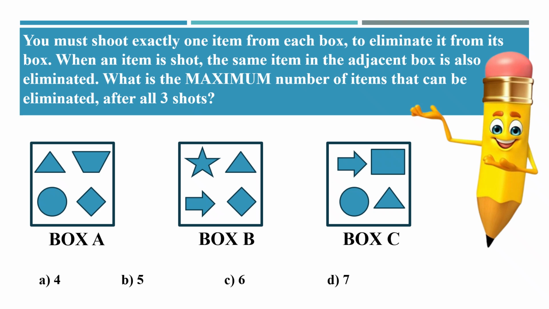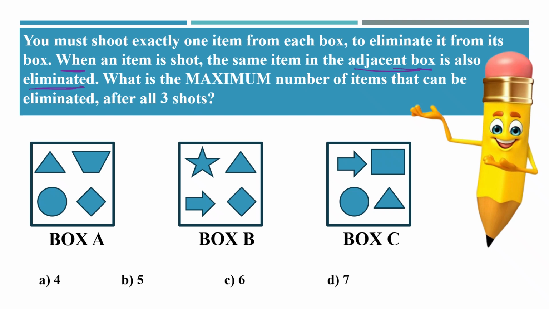You must shoot exactly one item from each box to eliminate it from its box. Let me shoot this, then that gets eliminated. Let us read the complete question. When an item is shot, the same item in the adjacent box is also eliminated.